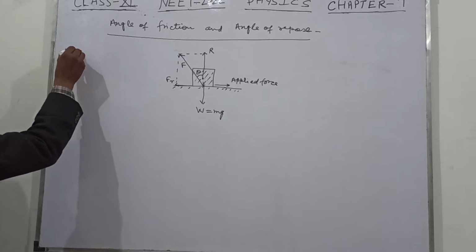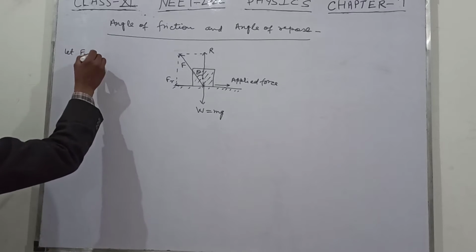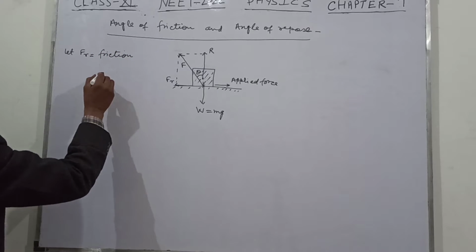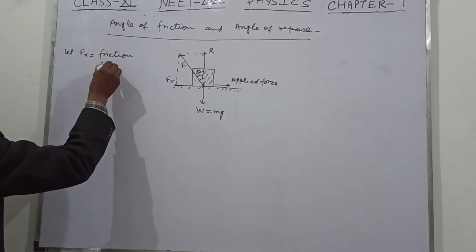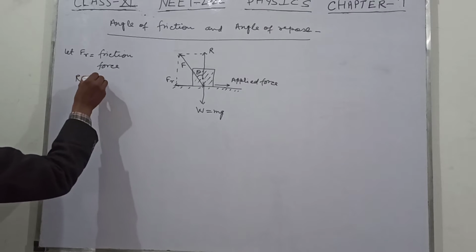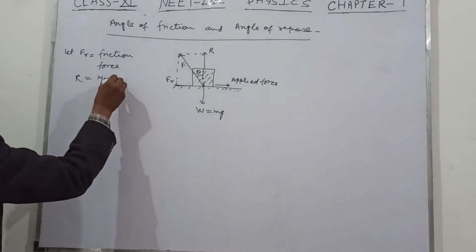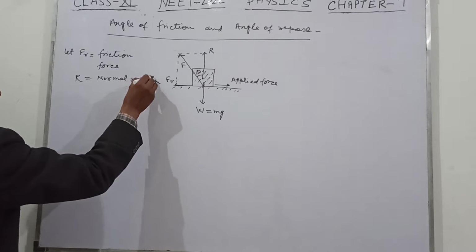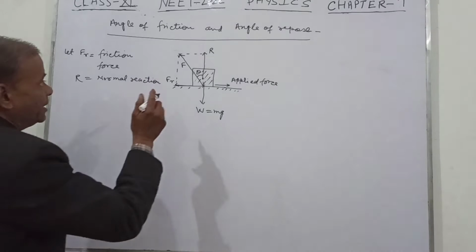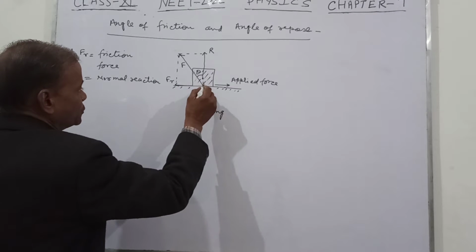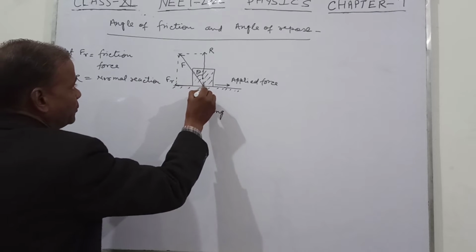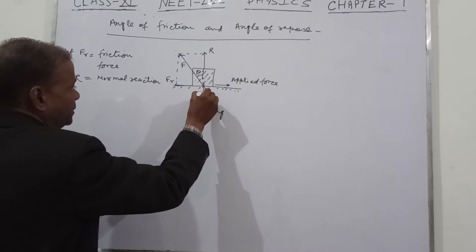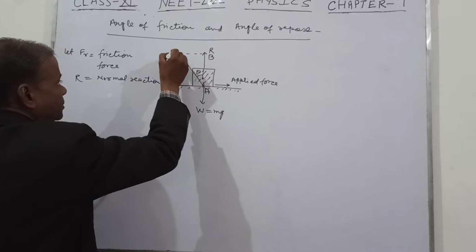Let Fr equal friction force, R equal normal reaction. Then suppose I take this point A, this is point B, this is point C.